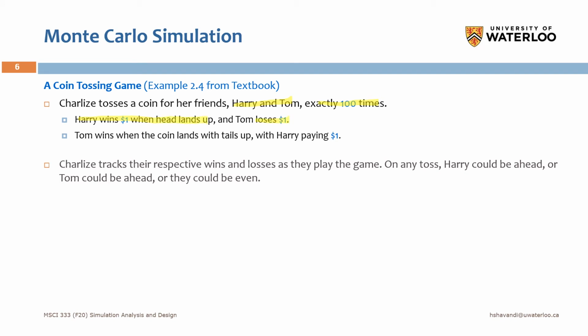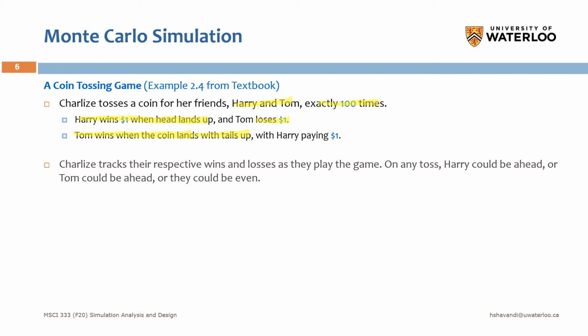So when the coin lands up with heads, Tom should pay $1 to Harry. Harry wins $1, Tom loses that dollar. But if the coin lands up with tails, then Tom wins $1. This means that Harry should pay $1 to Tom. So this is the game.